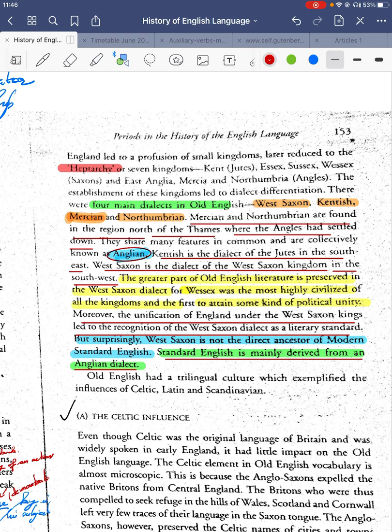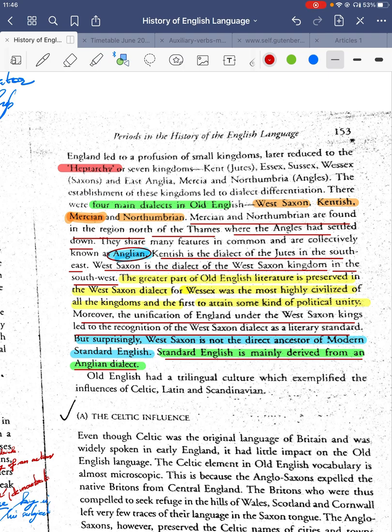The first one is West Saxon, the second is Kentish, the third is Mercian and the fourth is Northumbrian. Mercian and Northumbrian are found in the region north of the Thames, where the Angles settled down. So from the Mercian and Northumbrian parts where the Angles settled, which dialect do we get?